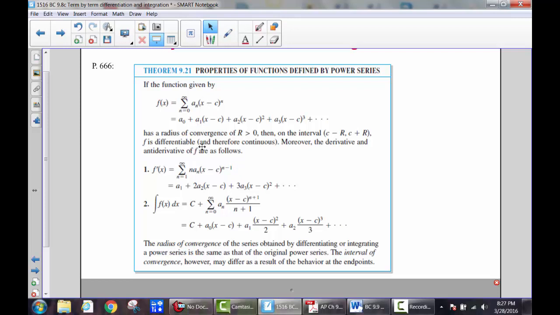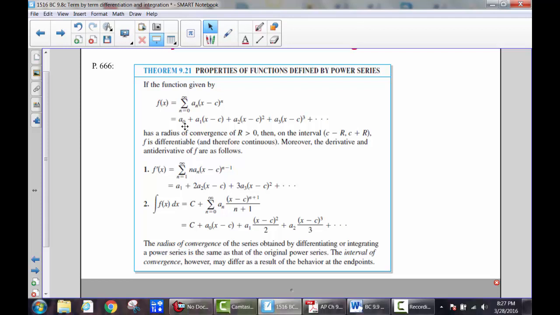Now, you will notice here that this says n goes from 1 to infinity. That's because the first term here is a_0 times x minus c to the 0 over 0 factorial, which is a_0 times 1 over 1. And when you take the derivative of that first term, being a constant, it is 0.